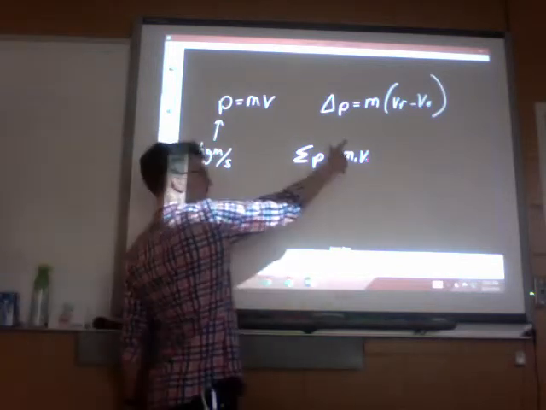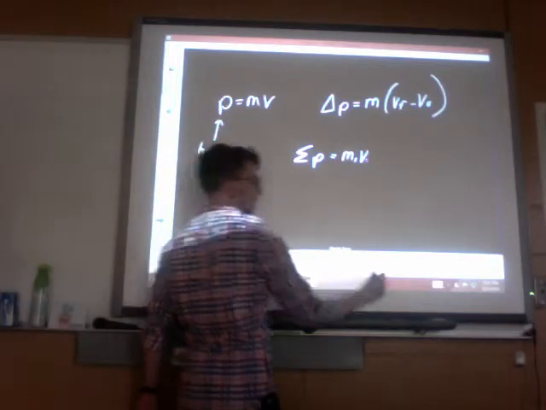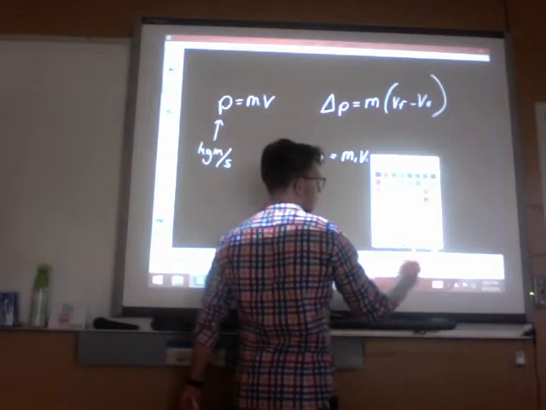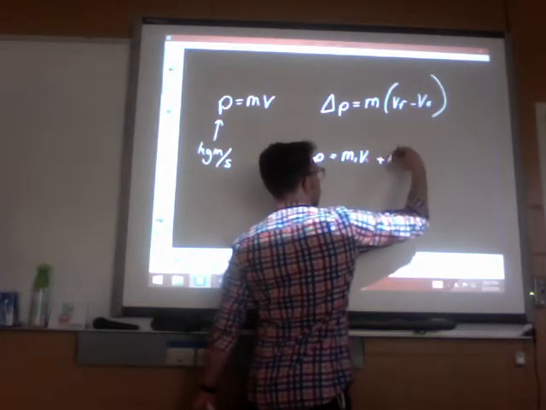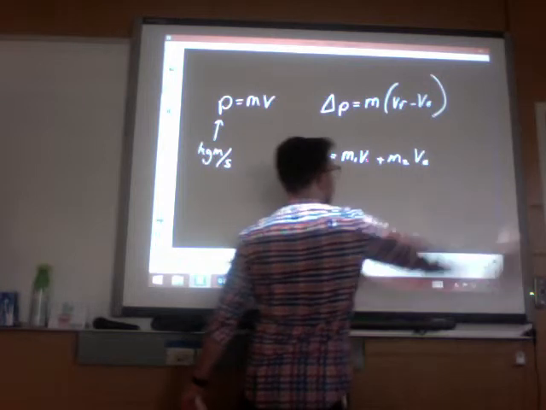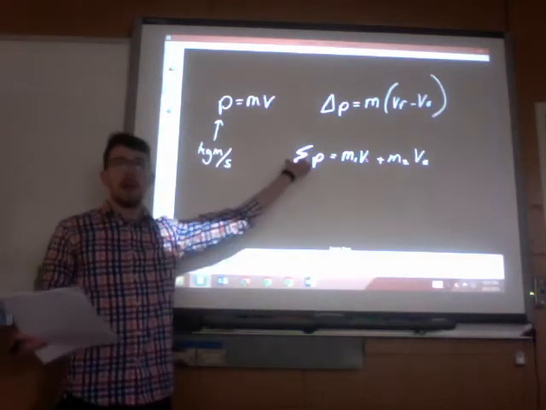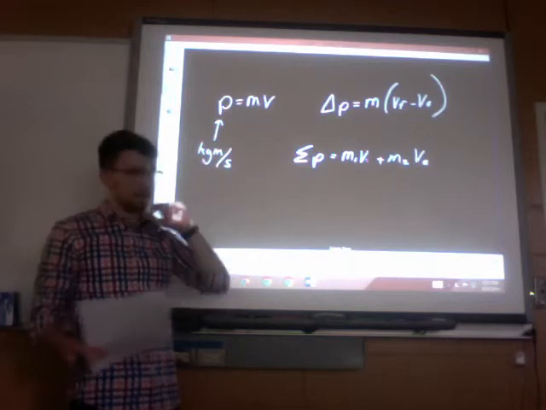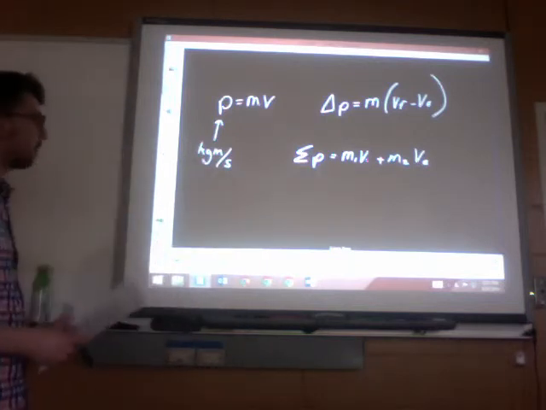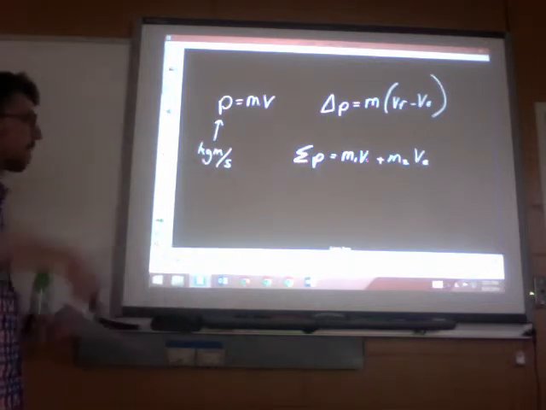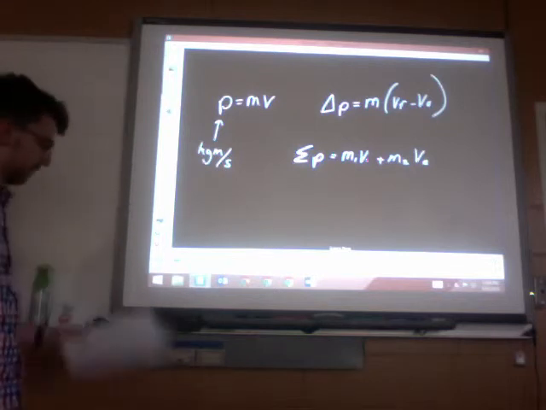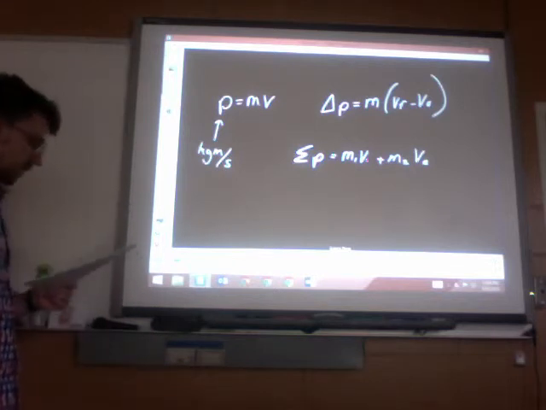So you take mass of cart 1 times velocity of cart 1 plus mass of cart 2 times velocity of cart 2. So that's our total. This guy, sigma, stands for total. And those are the 3 main ones, but I have a handful of other ones written on the actual test.